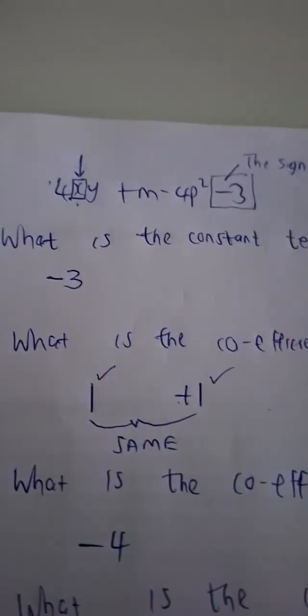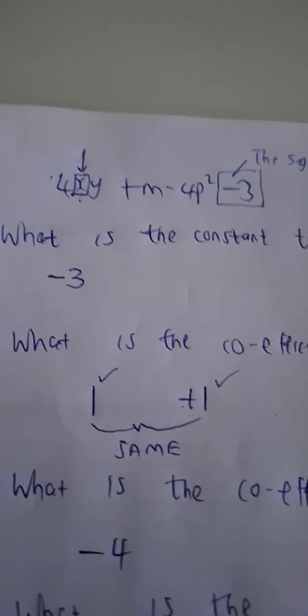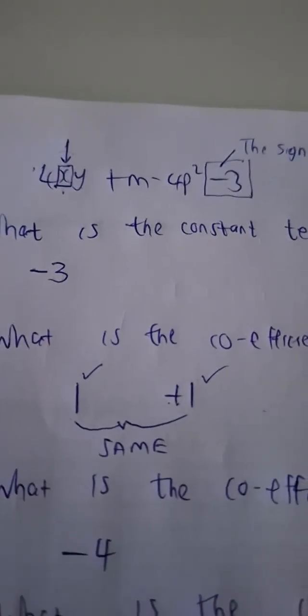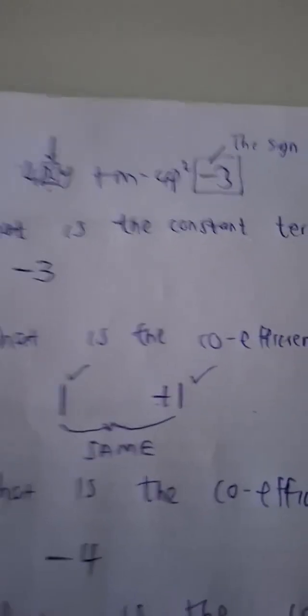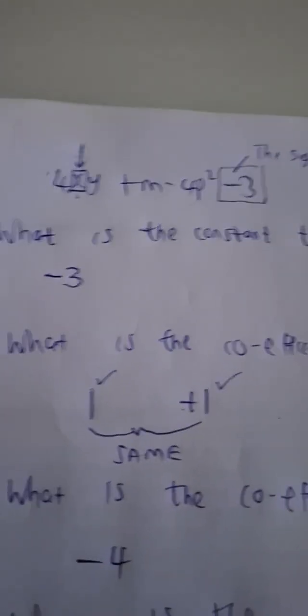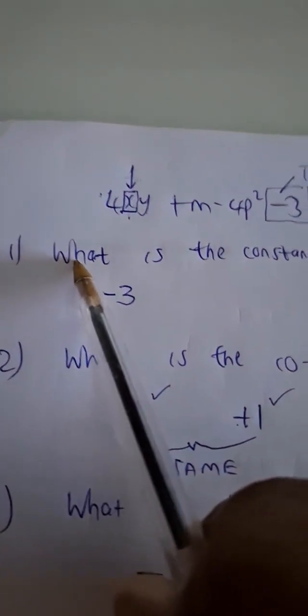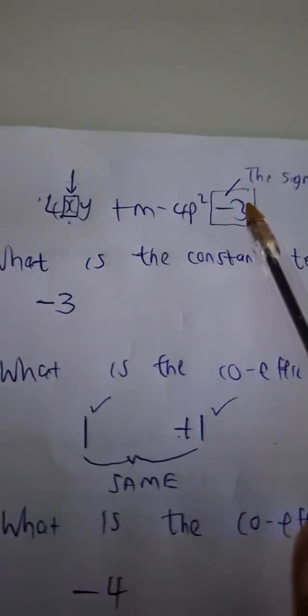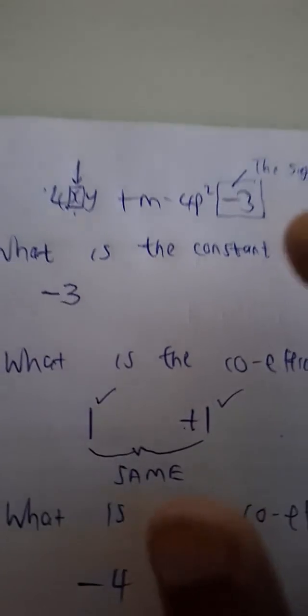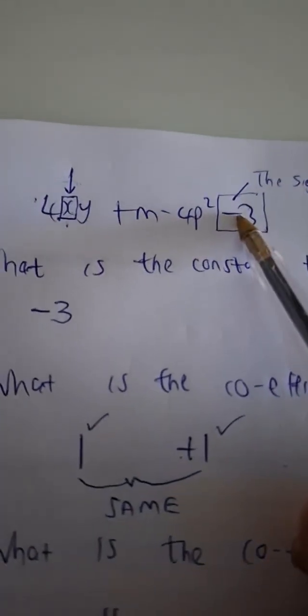And I want us all to elevate ourselves and be on that level all together, so that we do not get left behind and take things for granted. I want to go back a bit. Even when I asked at the beginning, what is the constant term? Some people loosely said it's +3. They didn't even think about the sign.